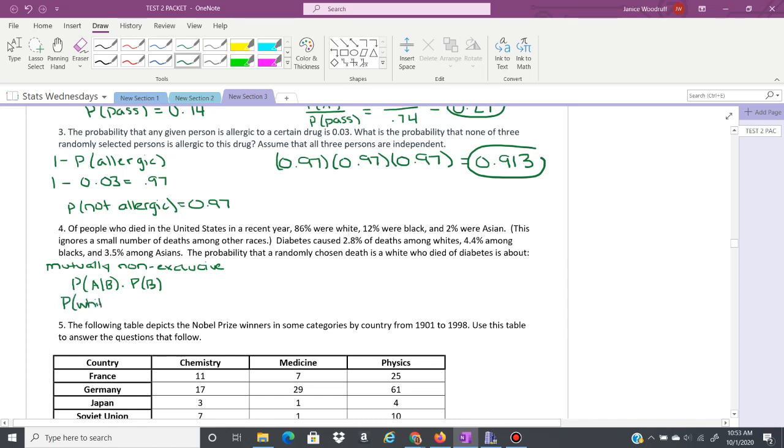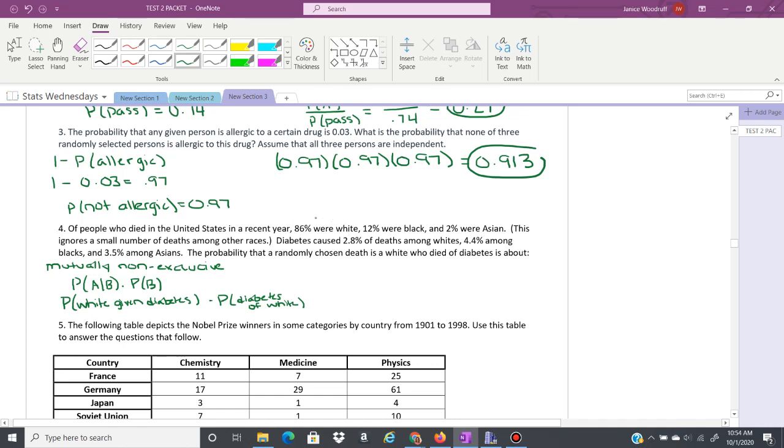and then this is white given diabetes times diabetes of white people. All right, so here's the numbers we're looking at.